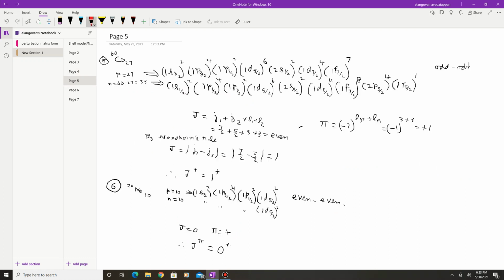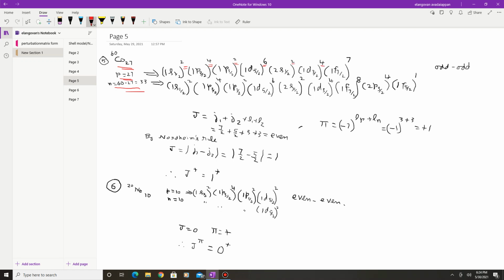Then the fifth problem, let us choose cobalt 60, 27. The proton number is 27, neutron number is 33. Using the first diagram or the second diagram, the second diagram is much more convenient because the number is less than 52. So using the second diagram, you can fill the energy levels. 1s half 2, the next level 4, 2, 6, 2, 4.